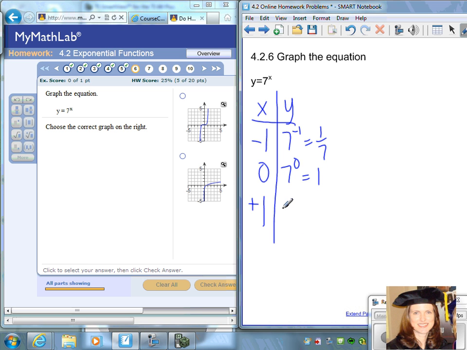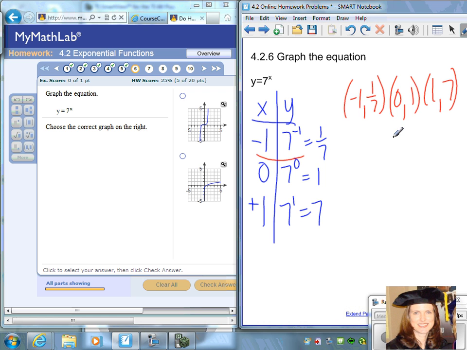And then you plug in 1, 7 to the first power is 7. So we have 3 points that we can sketch, and we're going to connect those with a nice smooth curve. The first point, -1, 1/7, is a point on the graph, 0, 1 is a point on the graph, and 1, 7 is a point on the graph.